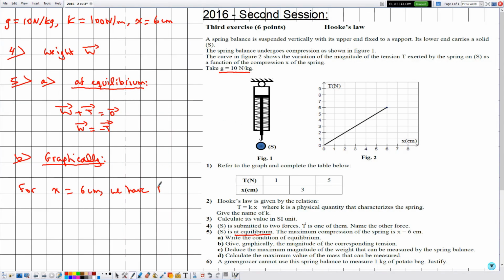So the maximum tension, let's label it by T max, is equal to 6 newtons. Then the maximum tension that this spring can undergo or be compressed by is given by T max equal to 6 newtons. Let me write here that the value of T max is equal to 6 newtons.